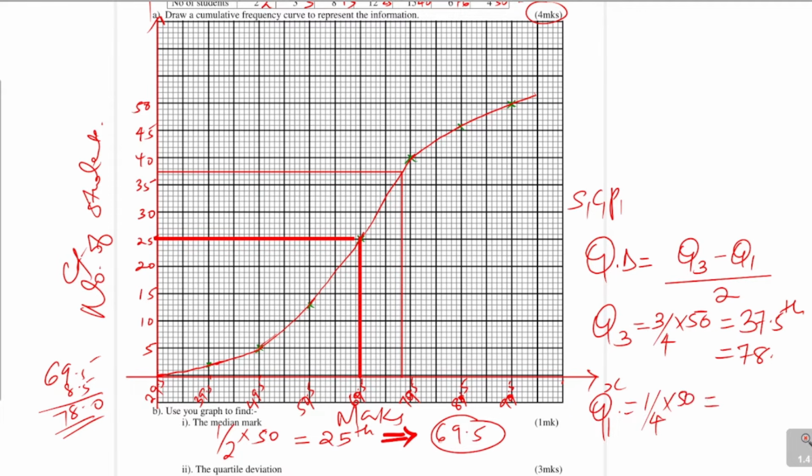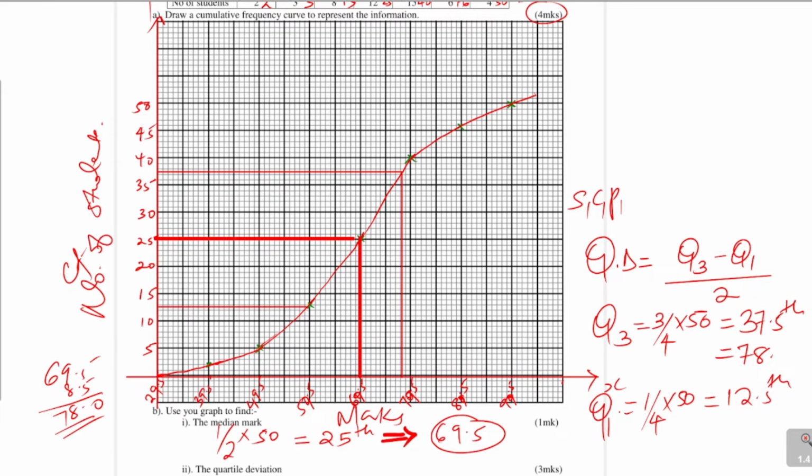Then Q1 is a quarter of the total frequency, a quarter of 50. So we get the position at 12.5. That is a position. So 12.5 is somewhere here. We have 11, 12, 12.5 is around there.